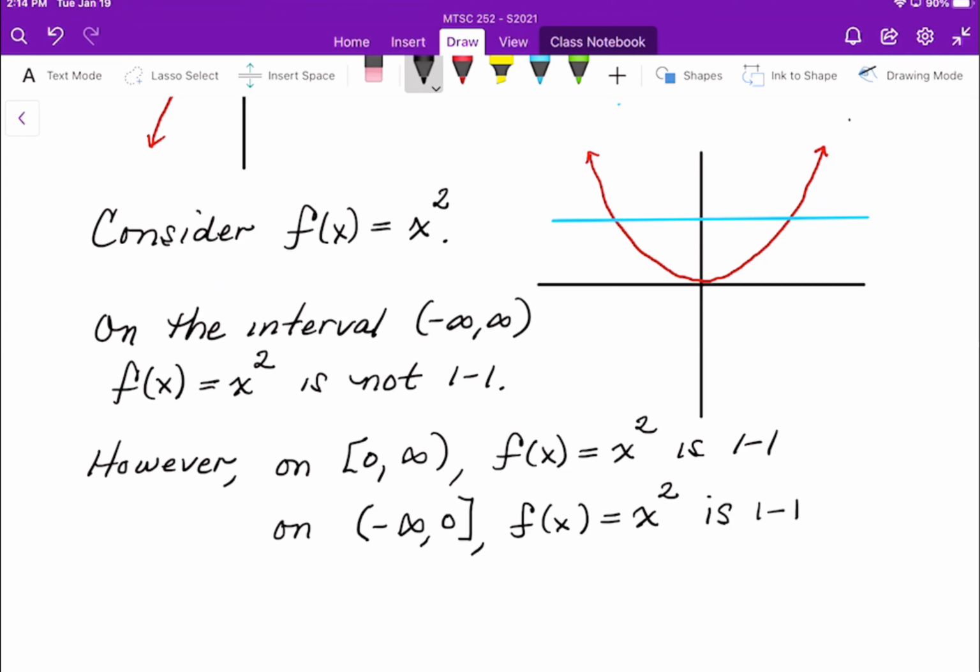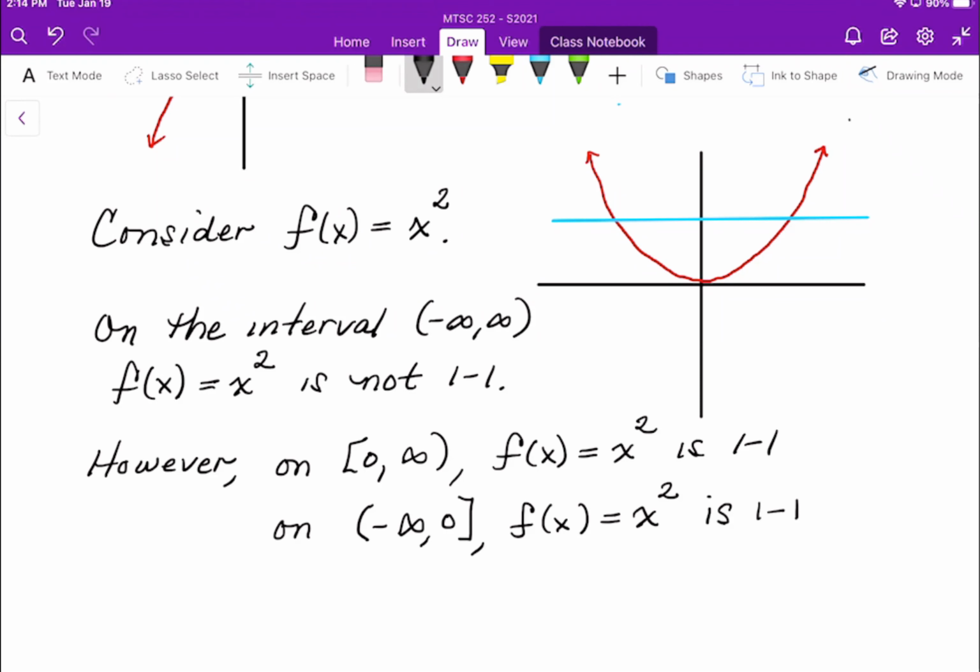And if I cover the first quadrant and I only care about the second quadrant, I can see that it passes the horizontal line test. So this function is one-to-one on particular pieces, but if I include the whole interval, it is not one-to-one.